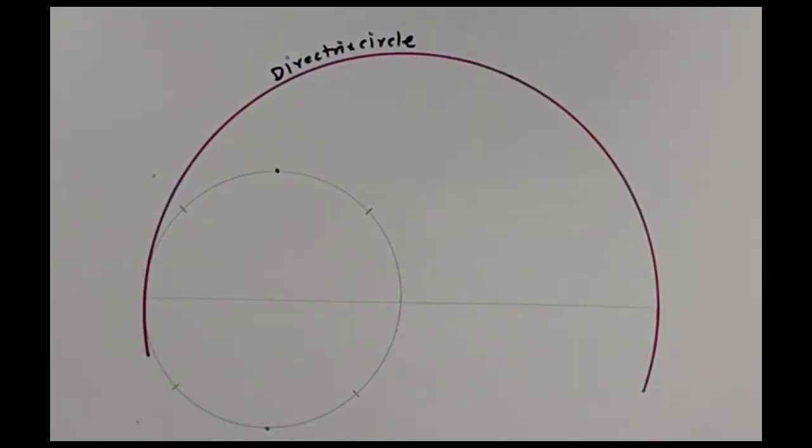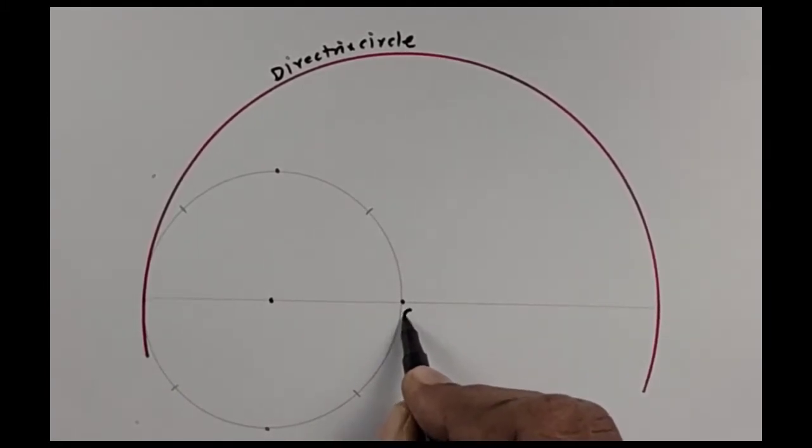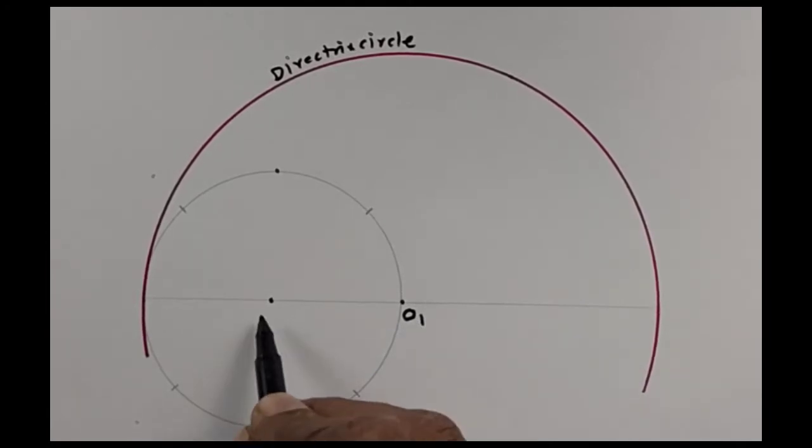In a hypocycloid, our rolling circle always rolls inside the directing circle. So we mark our center 40 mm inside the directing circle. This is the center of the directing circle, O1, and this is our initial center C0.